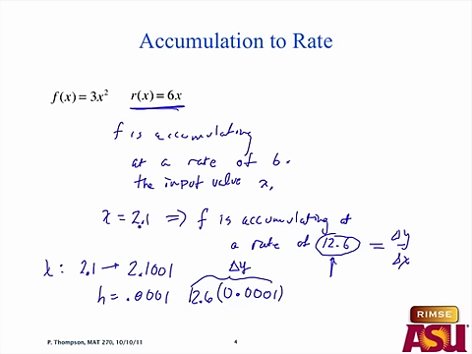If x was 3, we'd have something different because we'd have a different rate at x equals 3. This just goes back to delta y is k delta x: changes in y are some constant multiple of changes in x.